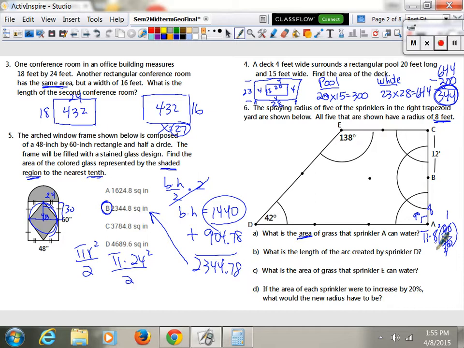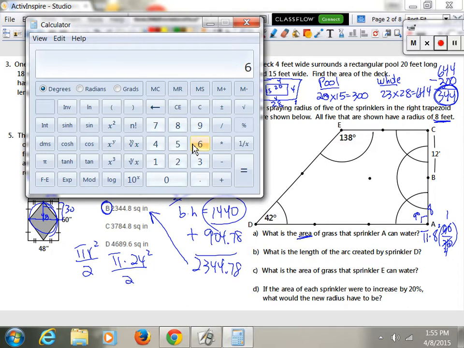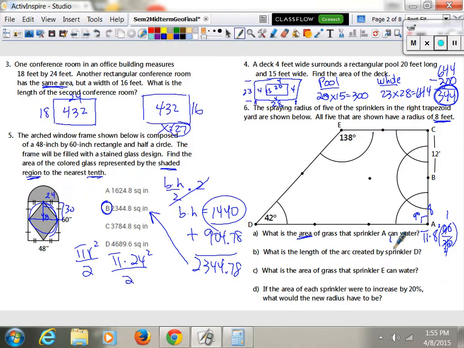So we're going to take pi times 8 squared, 64 is 8 squared. I'm going to multiply it by pi, and then multiply it by 1/4, which is 0.25. Or I could have just divided by 4, same thing. And you're going to get 50.27, or 50.3 if we round it to the nearest tenth.